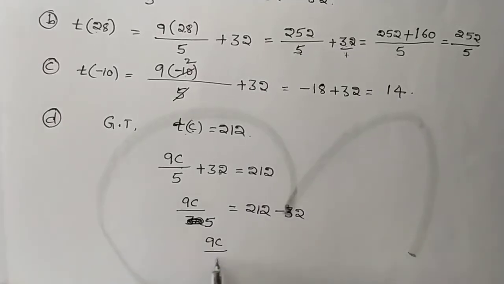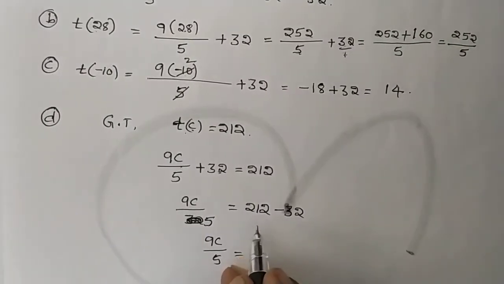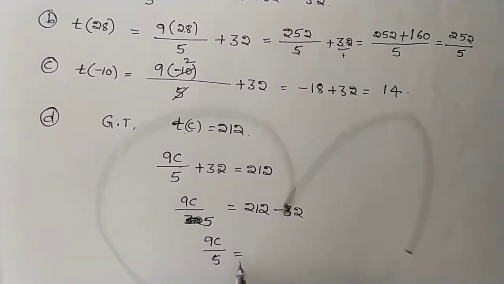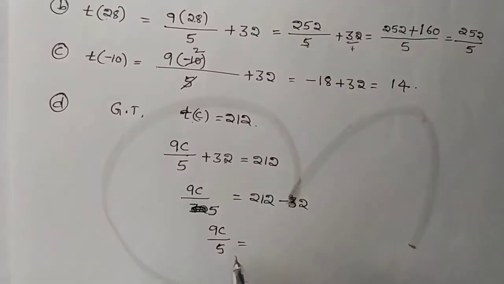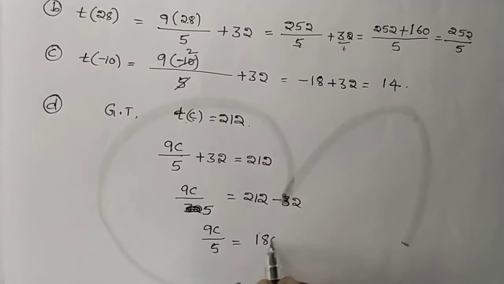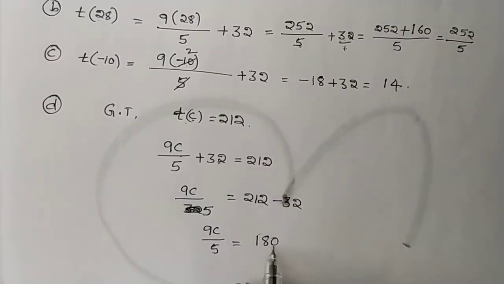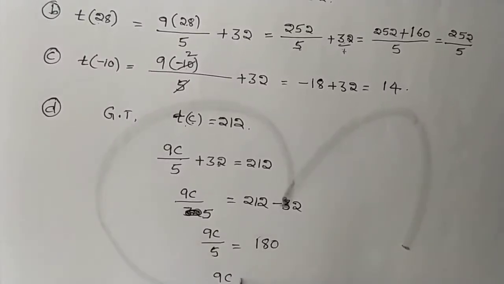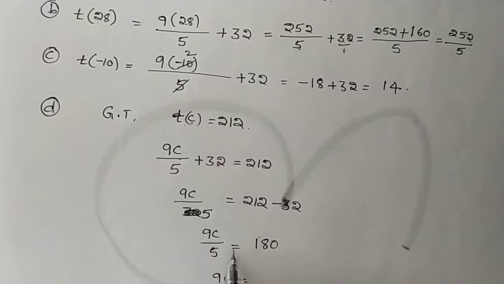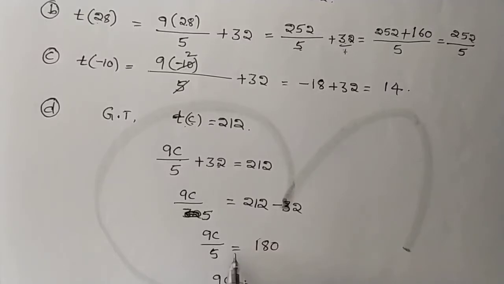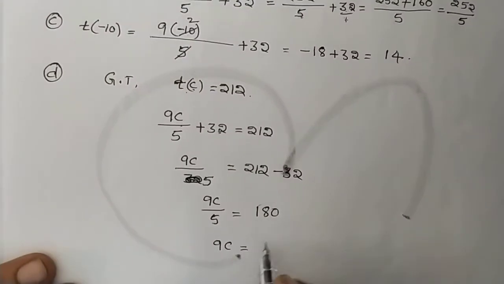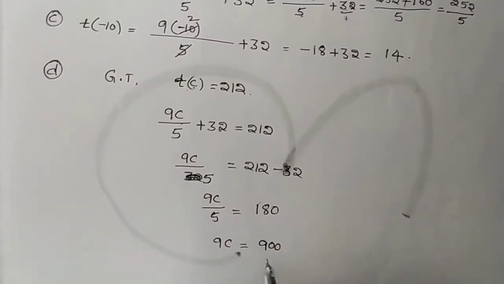Now 9C divided by 5 equals 212 minus 32, which is 180. Now send this 5 to the right, it will be multiplied to 180. Now 9C equals 180 into 5, which is 900.